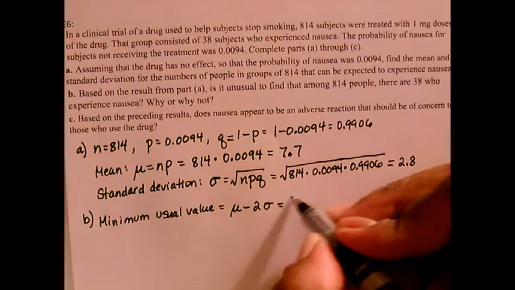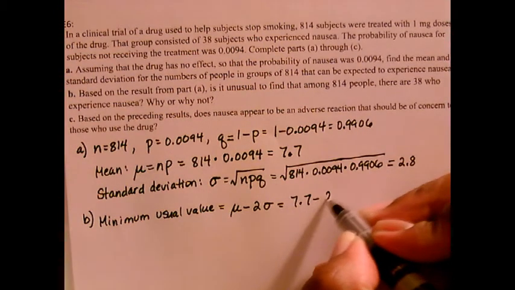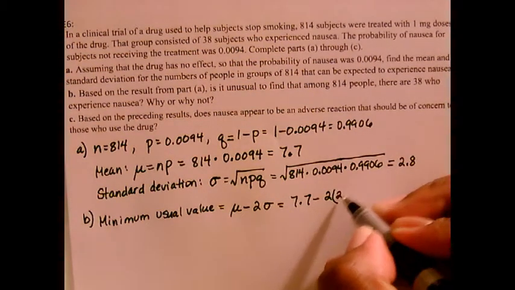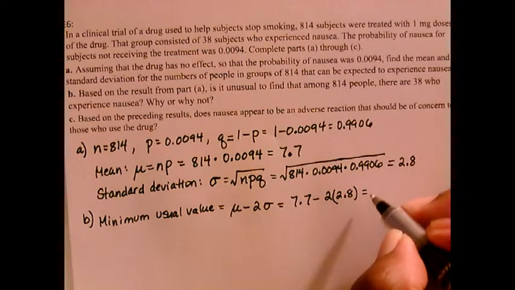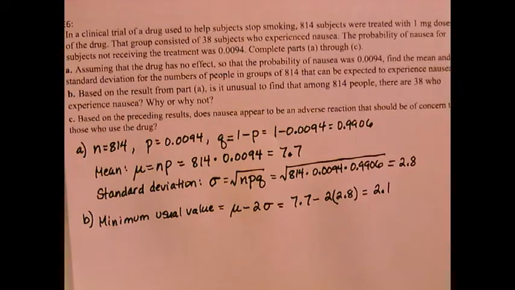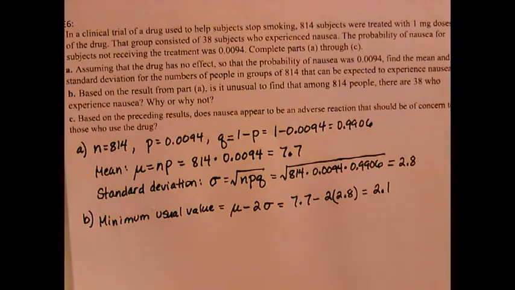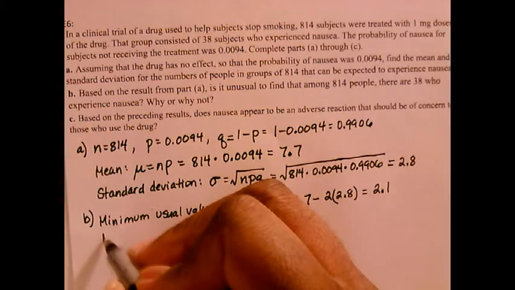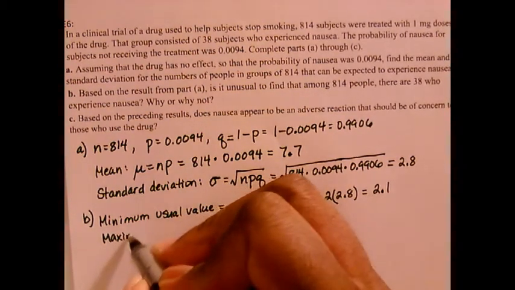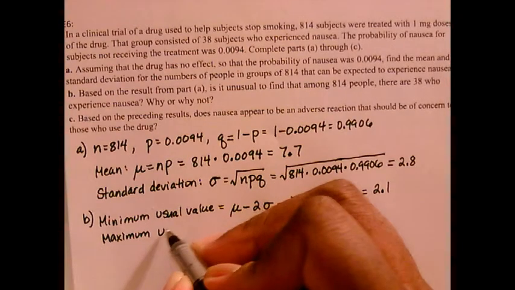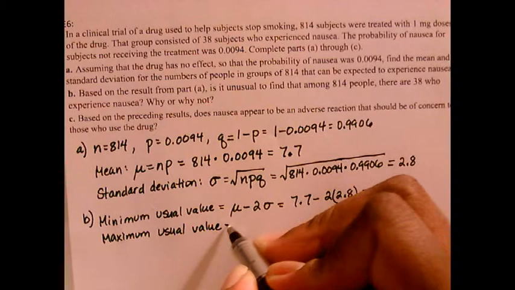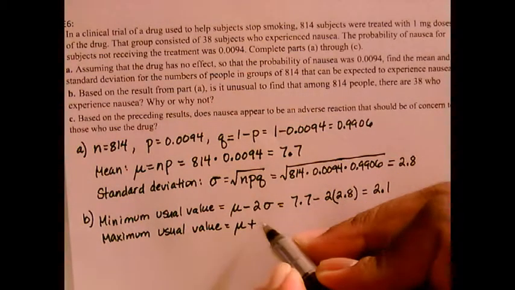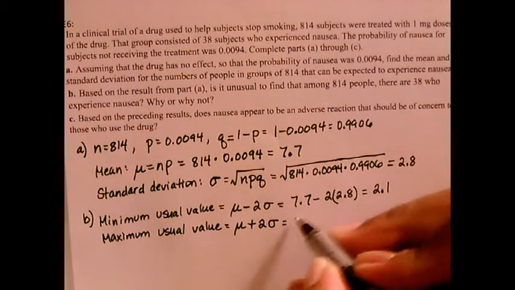Your mu was 7.7 minus 2 times sigma, which is 2.8. So 7.7 minus 2 times 2.8 will be 2.1. So the minimum usual value will be 2.1. Now for the maximum usual value, that's going to be mu plus 2 times sigma.